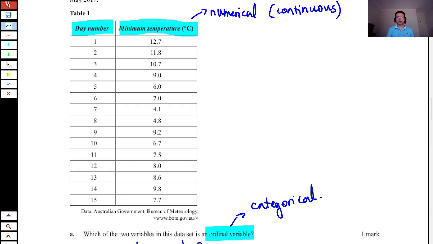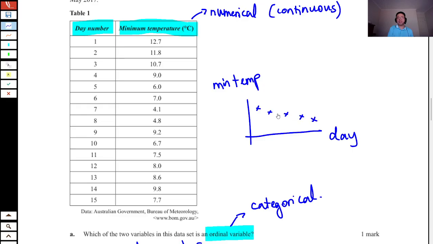But why? Why is day number a category or a name rather than something that we could average or something that we could graph? After all, one of the things that we could do at some point is to draw what's called a time series. We're going to do this later in this course. And you'd have 12.7, 11.8, 10.7, 9, 6. And you could connect the dots. It's very clear that if you drew a picture like this, you would have two numerical variables.